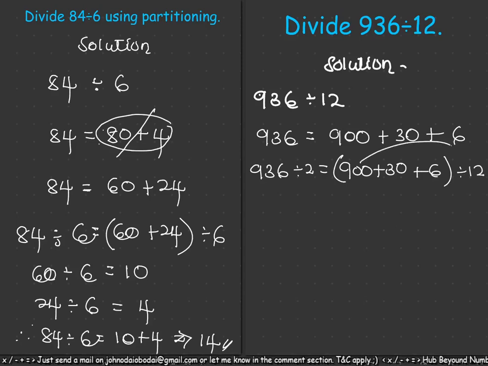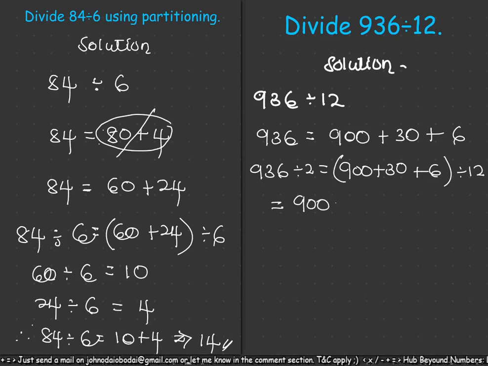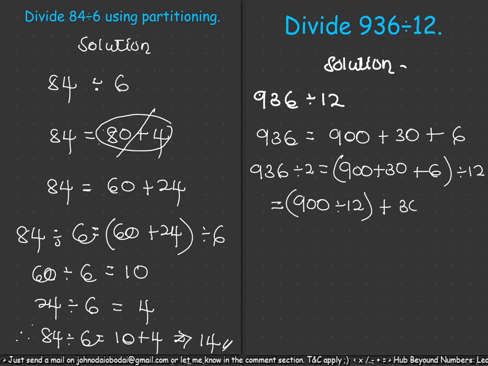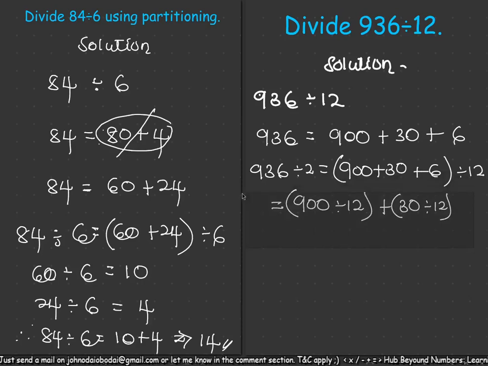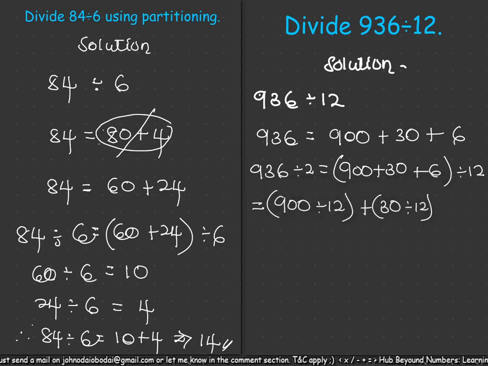So you are going to take 900 divided by 12, 30 divided by 12, and 6 divided by 12. 900 divided by 12 gives us 75.